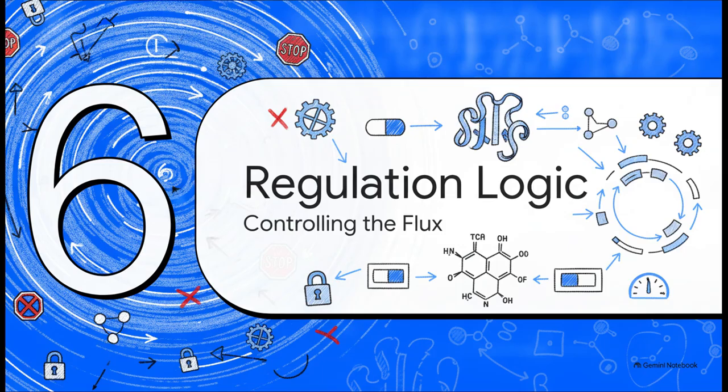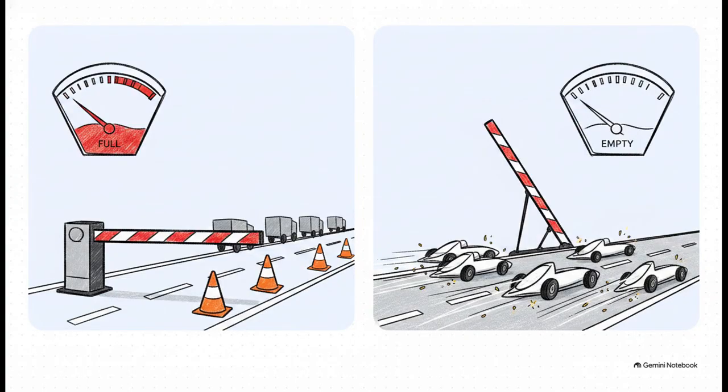Section 6, regulation logic. With a metabolic pathway this unbelievably powerful, the cell absolutely has to control the flux so the wheel doesn't just spin wildly out of control. Once again, please don't just blindly memorize this, follow the logic. The major internal control points here are isocitrate dehydrogenase and α-Ketoglutarate dehydrogenase.